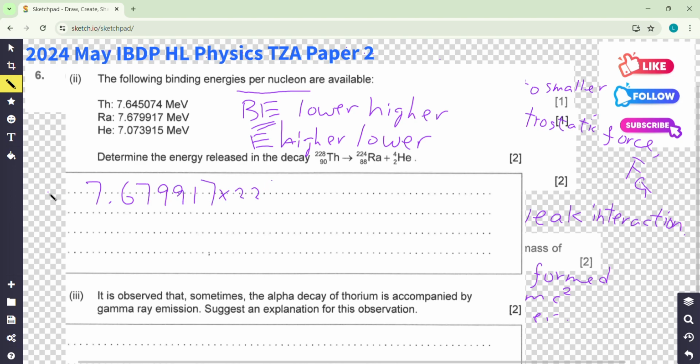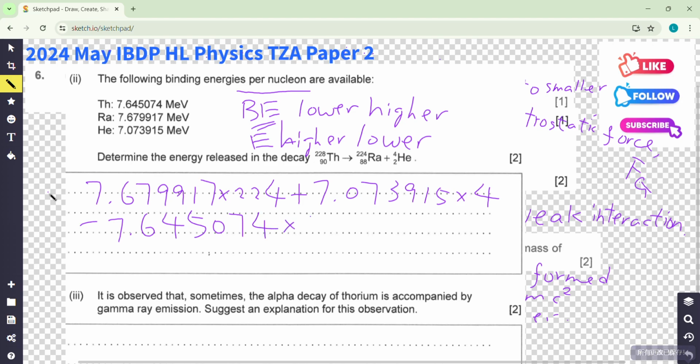Ra: 7.6799917 times 224, and then helium: 7.07315 times 4, and then minus the binding energy of Tx: 7.645074 times 228.